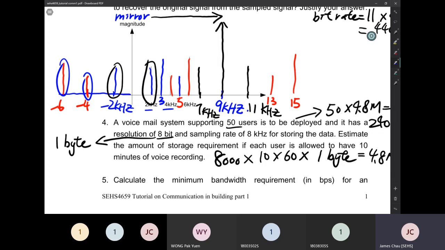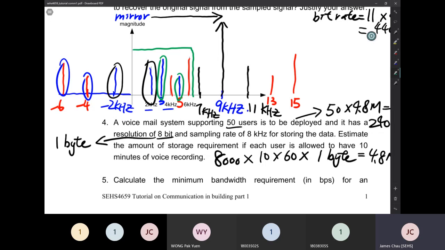And now you can see that the original frequency spectrum has been corrupted because the maximum frequency is up to 6K. If you use a low-pass filter that covers just above 6K, you can see we have additional frequency components inside, and therefore we can say the frequency spectrum is corrupted and it cannot recover the original spectrum.